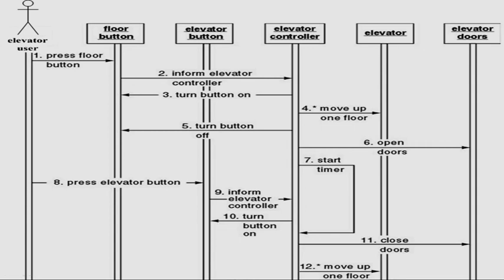So now the timer times out, and the controller will tell the doors to close themselves. And then the elevator controller will send a message to the elevator to move up 1 floor. Okay, so this is just the example of a sequence diagram for the elevator problem.